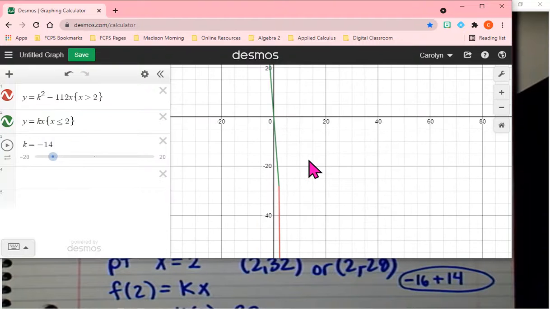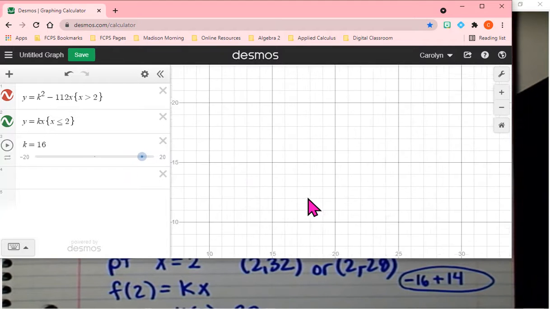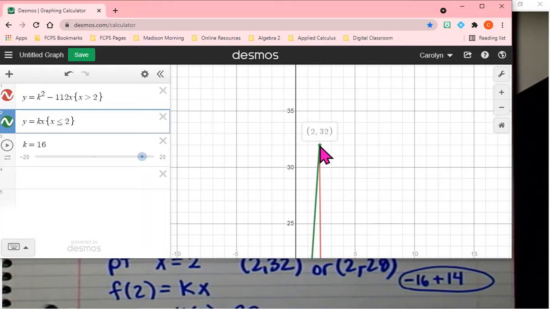Look, not continuous because they don't touch. Not continuous, not continuous. Wait for it. Oh, it's getting closer. Continuous. They actually touch at 2, 32. So I'm using Desmos to check the continuity.